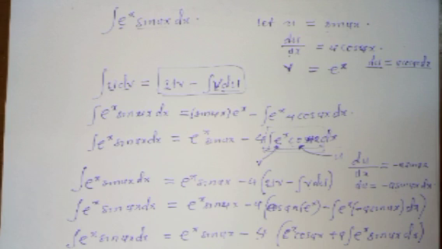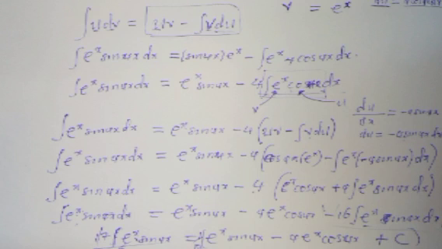So remember, this 4 is outside the brackets and you have to multiply throughout by 4. So we're going to get negative 4 e to the power x cos 4x minus 16 integral of e to the power x sine 4x dx.